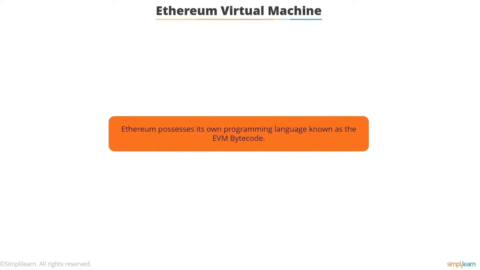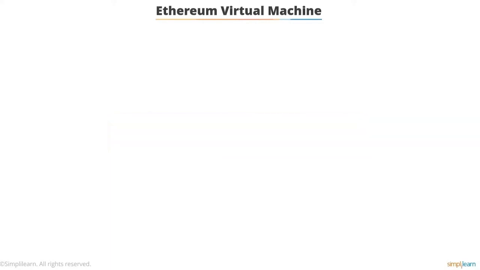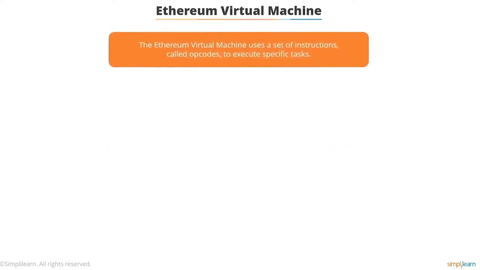It possesses its own programming language, known as the EVM bytecode. Once the code is written in higher-level programming languages, it can be compiled to EVM bytecode. The Ethereum Virtual Machine uses a set of instructions called opcodes to execute specific tasks.